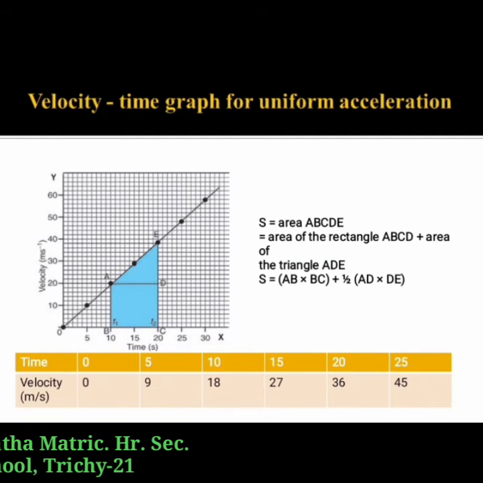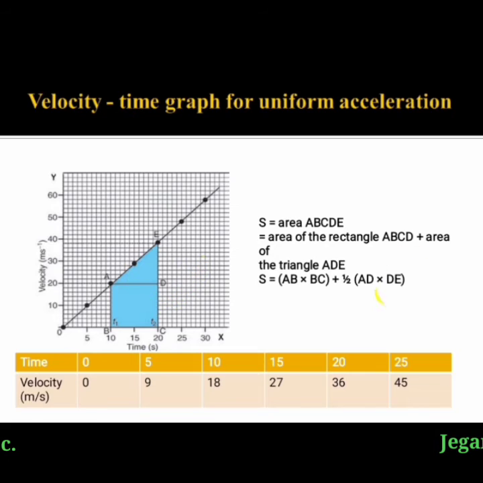Plus, we know the formula for the area of a triangle is half into breadth into height. Here the breadth is AD and the height of the triangle is DE. So half into AD into DE. The area of the rectangle plus the area of the triangle gives the magnitude of displacement of the car.